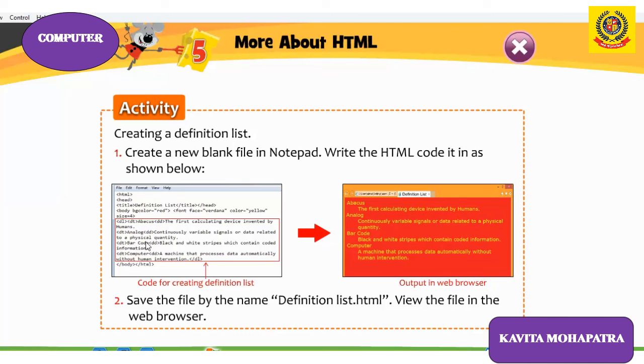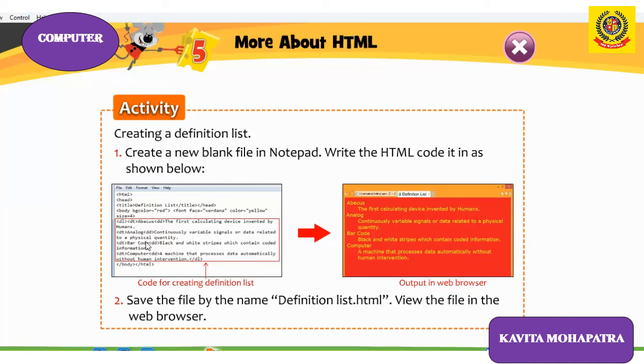So HTML, head, title, then the definition list. The title should be definition list, body bgcolor equal to red, as you can see in the output, font face equal to verdana and color equal to yellow. Now you start DL, then DT abacus, the definition term is abacus, then the definition description: the first calculating device invented by humans.